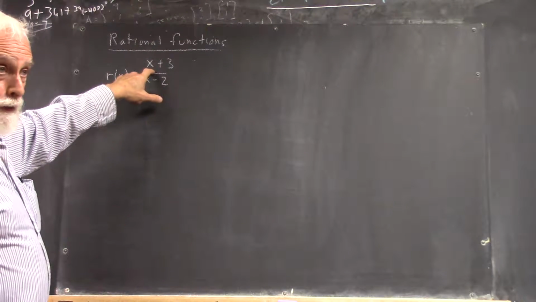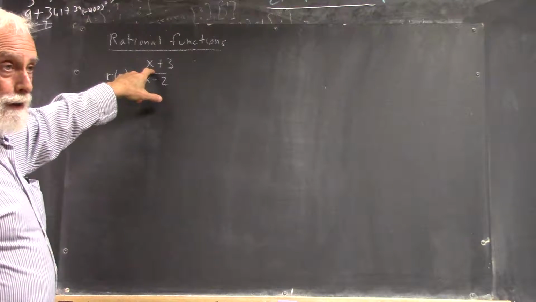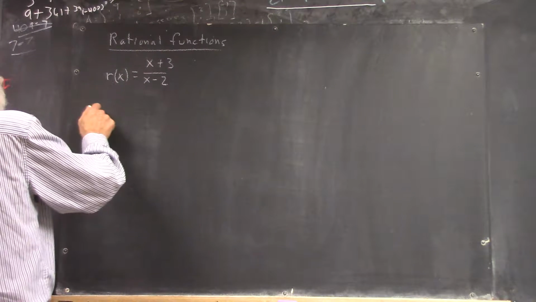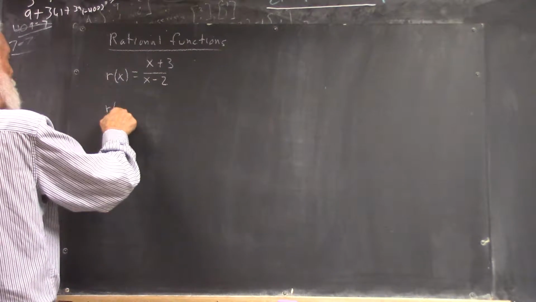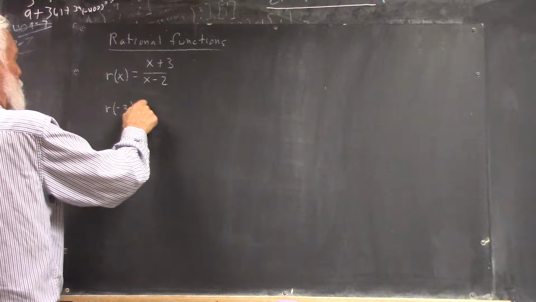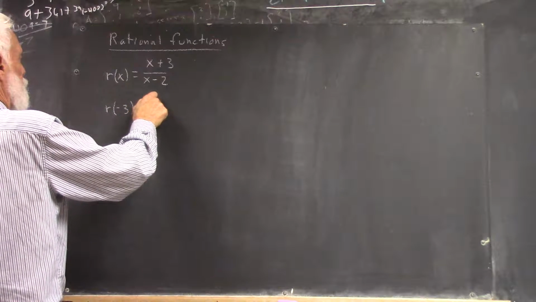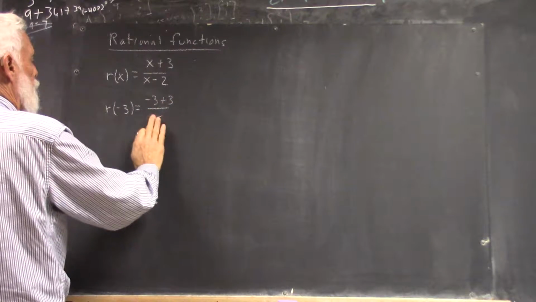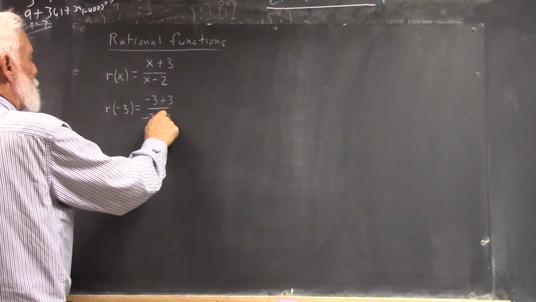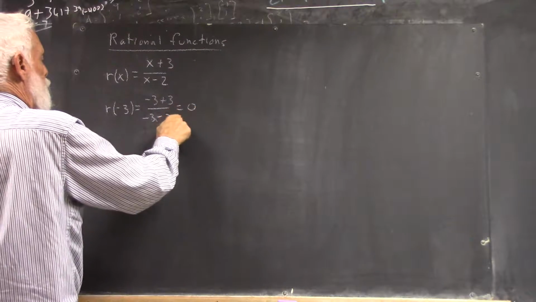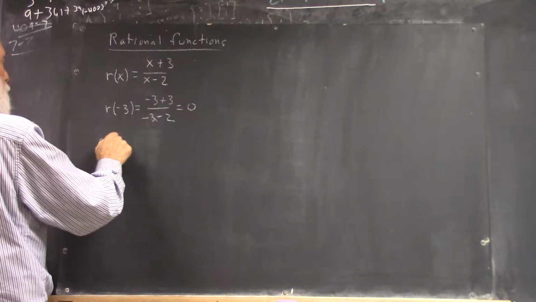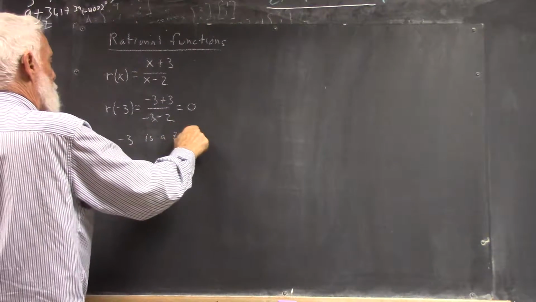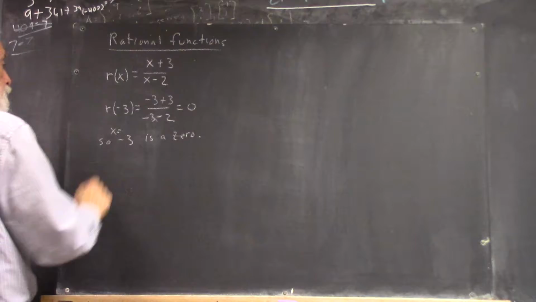-3 is a zero of the function though, because if you plug in -3, you're going to get 0, right? So I should say x equals -3 is a 0.